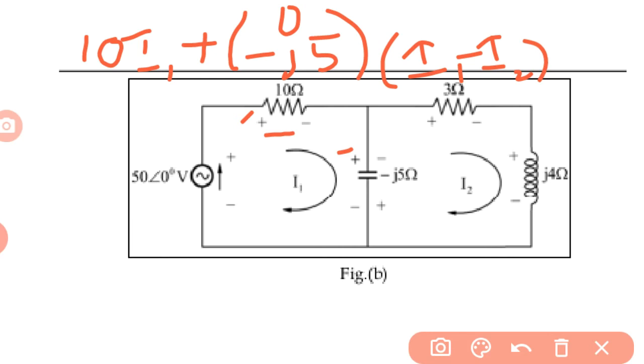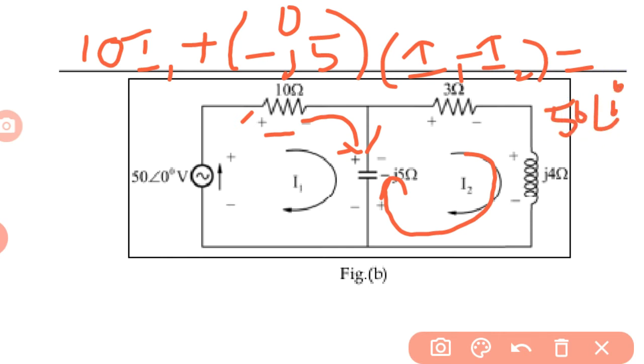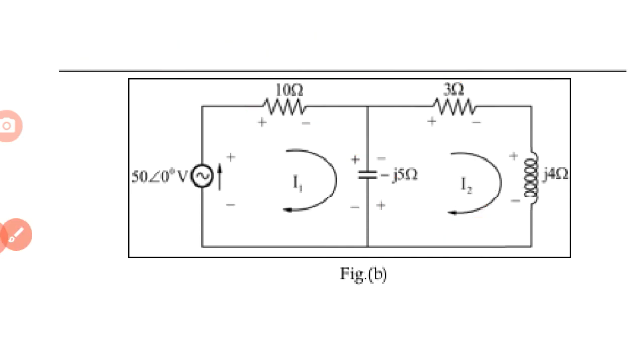Suppose the current from this loop is entering this capacitive reactance; in that case the current enters in this direction, both in opposite directions. So I1 minus I2 is equal to 50 angle 0 degrees. This one is the loop 1 equation. Okay, look at here.